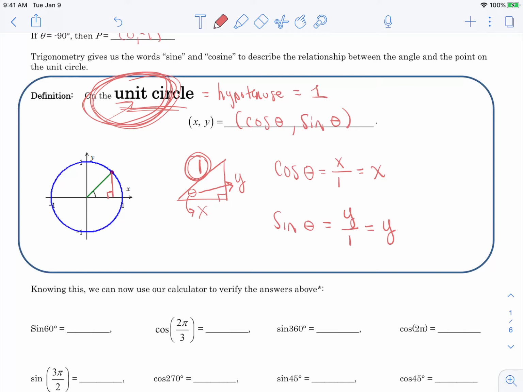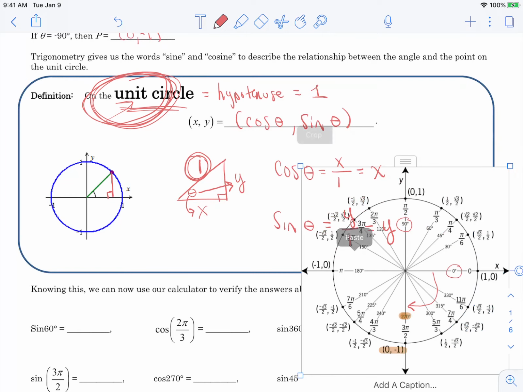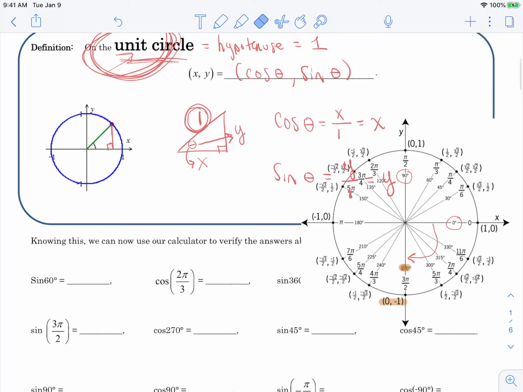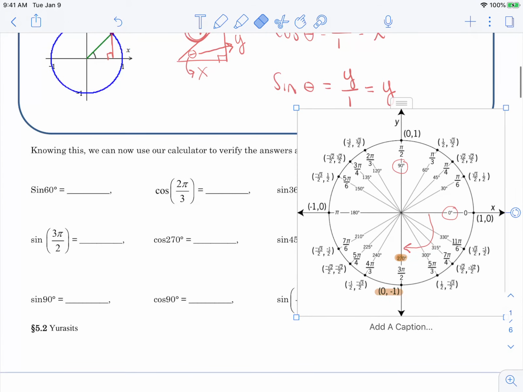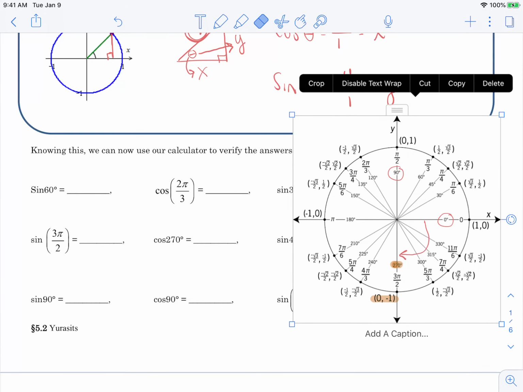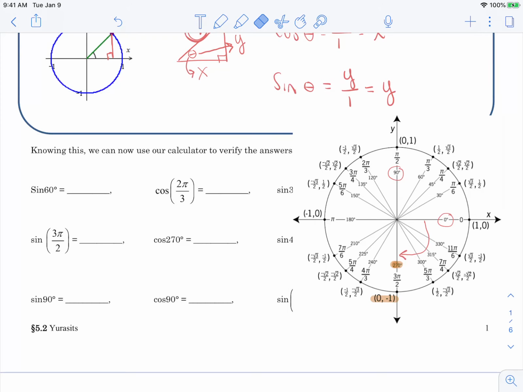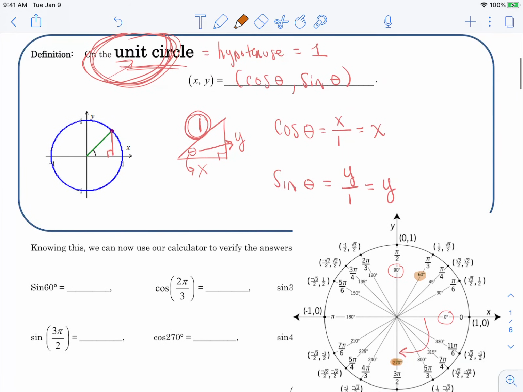So I'm going to pull up that unit circle again, and let's not make it so messy. Sine of 60 degrees. I'm going to find 60 degrees. Well, I'm on the unit circle, so my x values are my cosines. That's what we just figured out up here.